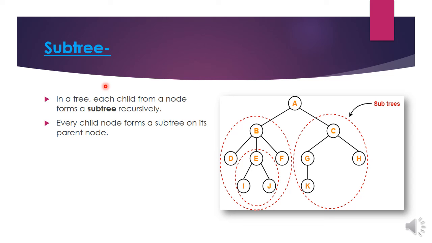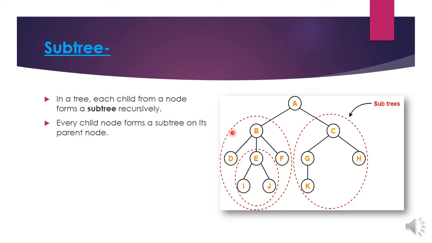Subtree. In a tree, each child from a node forms a subtree recursively. Every child node forms a subtree on its parent node. If you see in this picture, A is a parent node and B and C are the children, and again these nodes are making some children.